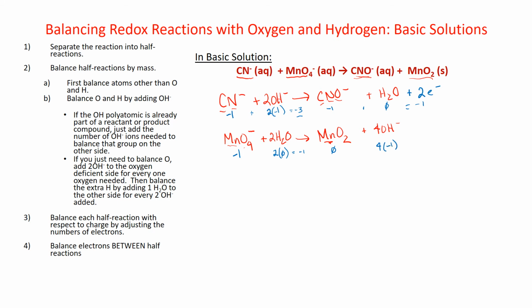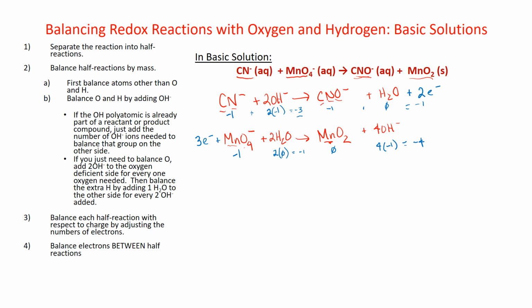Okay, now I add together that total charge, so 0 plus -4 for the hydroxide, that's a -4 total. Well, -1 on the left is more positive than the -4 on the right, so we're going to add our electrons to the left. And to bring -1 down to -4, you need 3 additional negative charges, so I add 3 electrons.